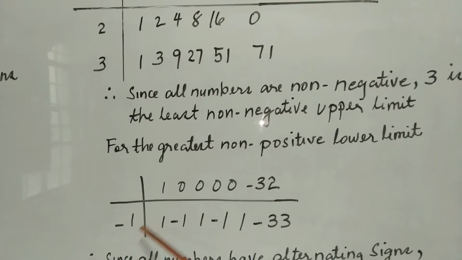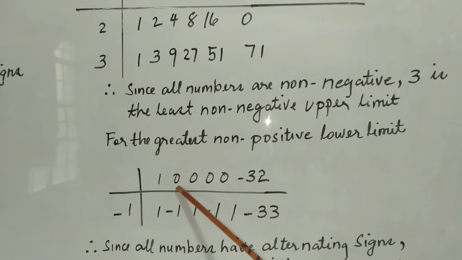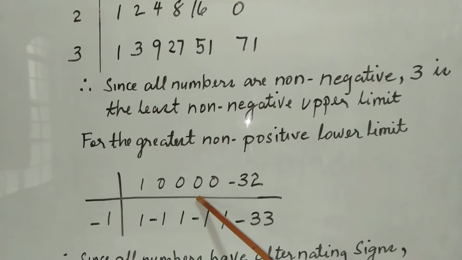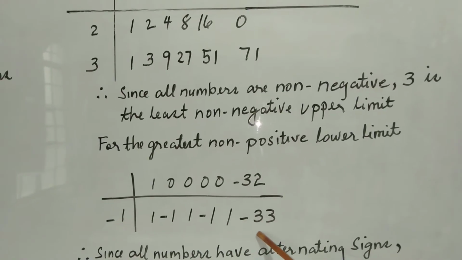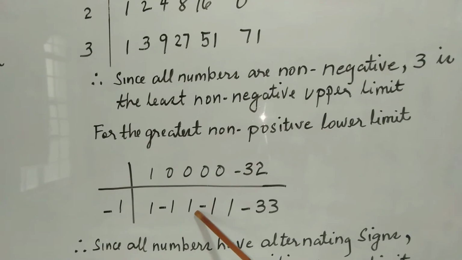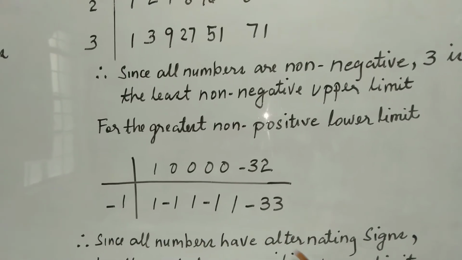Negative 1 times 1 is negative 1. Times negative 1 is positive 1. Times negative 1 is negative 1. Times negative 1 is positive 1. So if we inspect the variation in sign, we can conclude that all numbers have alternating signs.